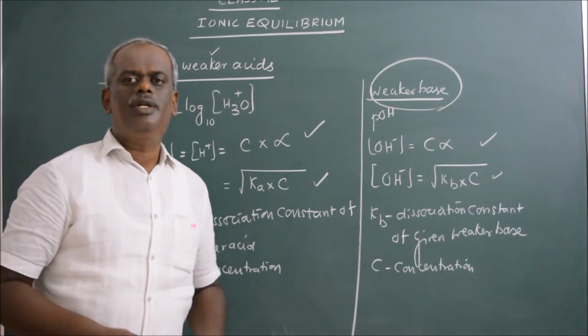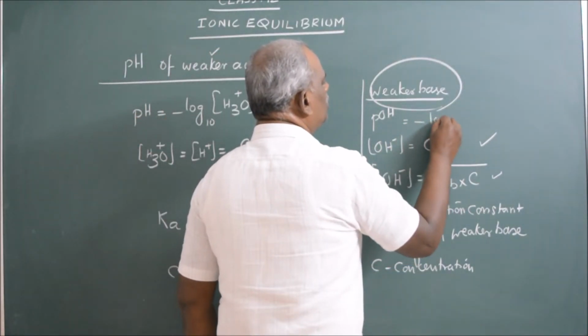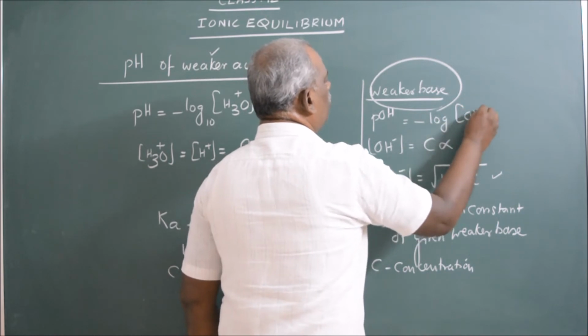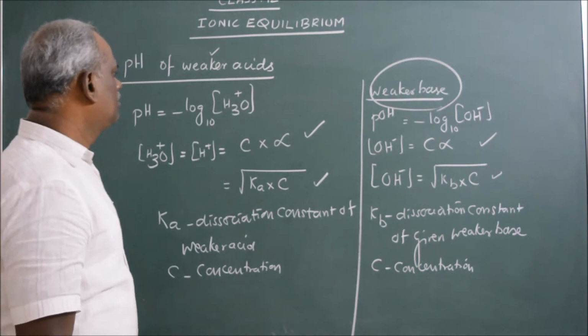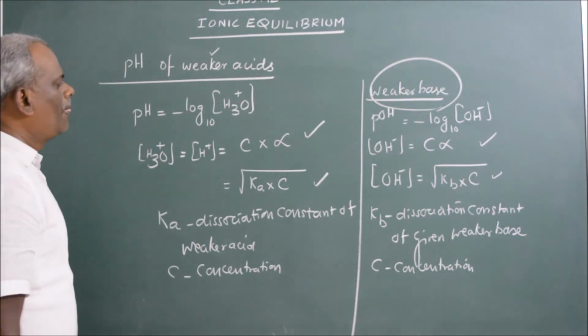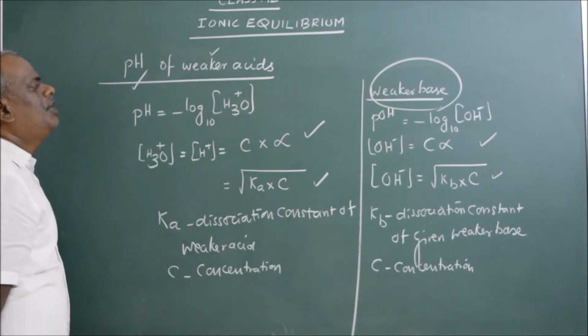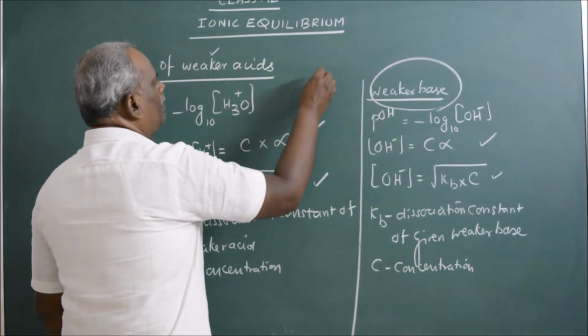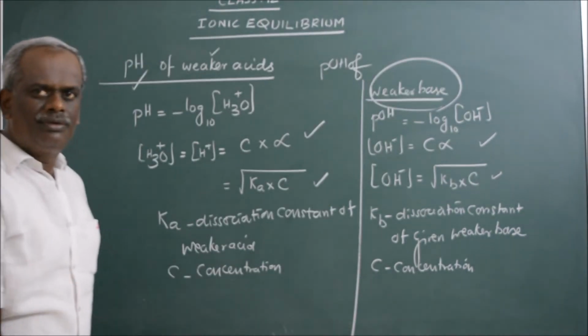Why are we calculating the hydroxide ion concentration? Because pOH is equal to minus logarithm of OH minus ion concentration to the base 10. So it's a slight comparison between the calculation of pH of a weaker acid and pOH of a weaker base.